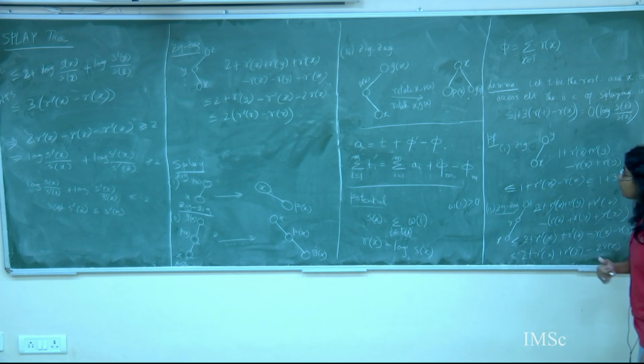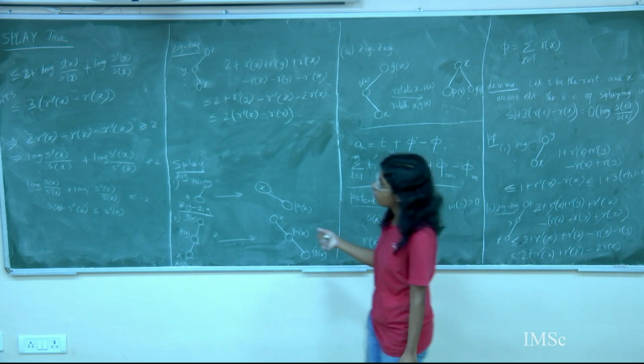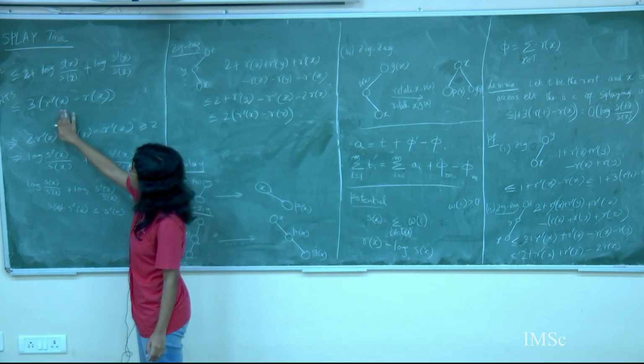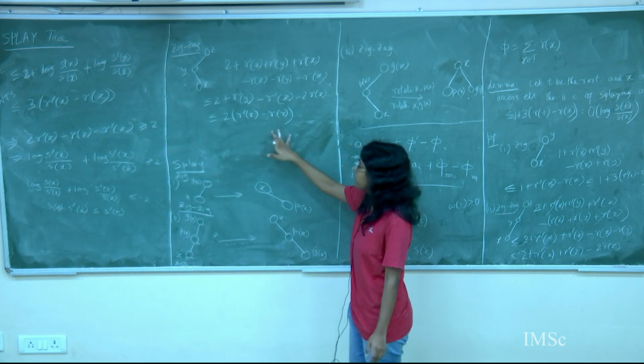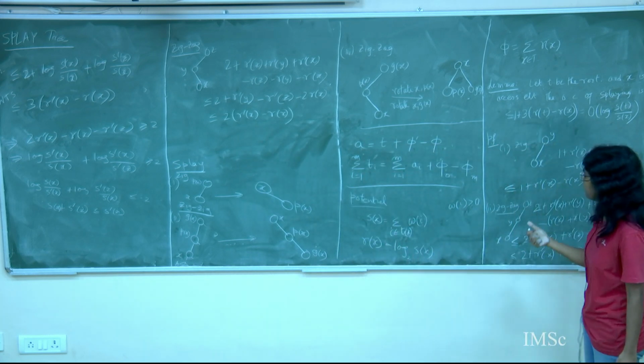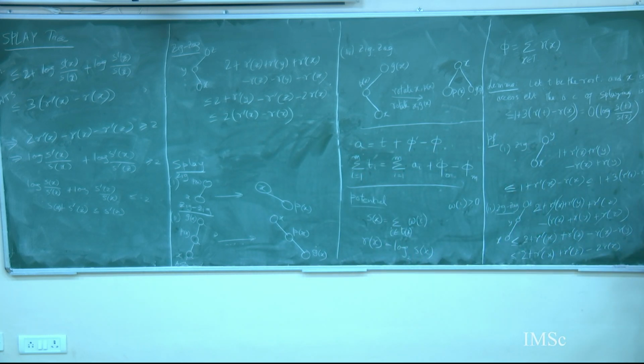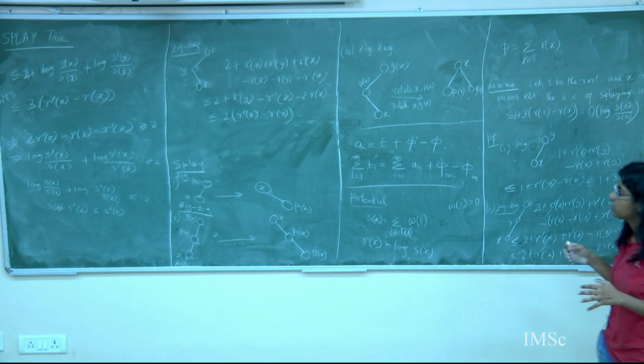Okay. So if you notice, here we got 1 plus r prime of x minus r of x in the zig case. In the zig-zag case we got 3 r prime of x minus r of x, and in this case we got 2 r prime of x minus r of x. So zig-zag looks like the costliest operation among these three, just to mention.